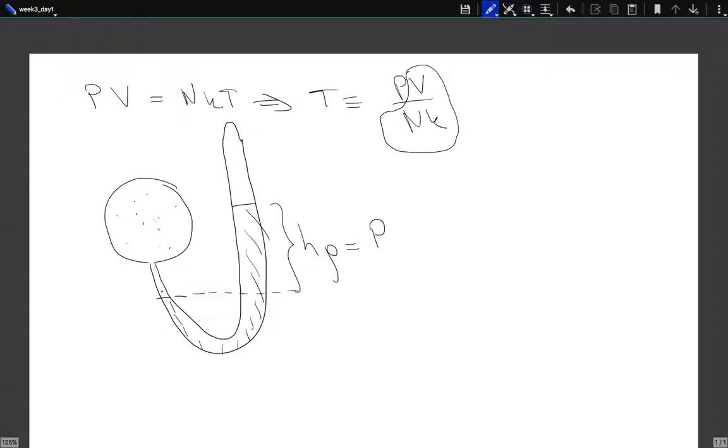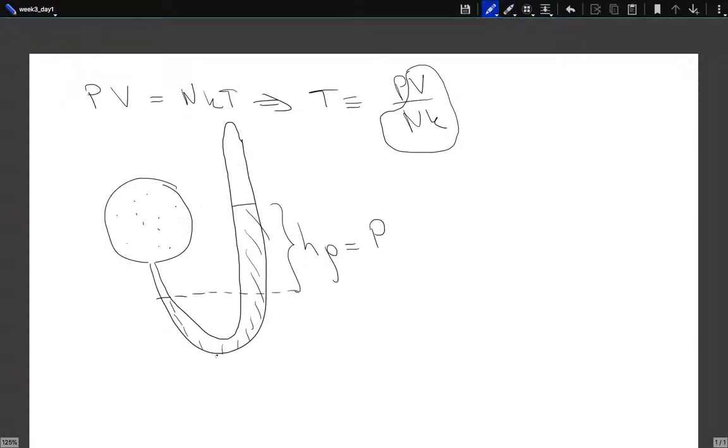Now, of course, there is one trick that we need to do. You see, if we heat it, its pressure increases. If its pressure increases, it will push this liquid, and then the volume will not be constant. So we still need to keep the volume constant. To resolve that problem, you have another reservoir.